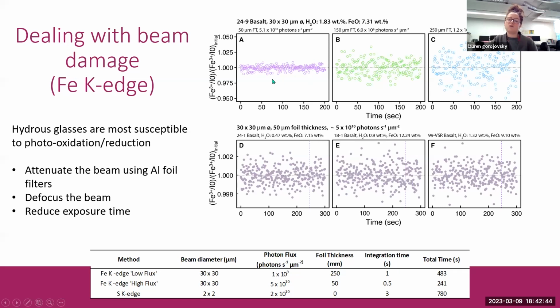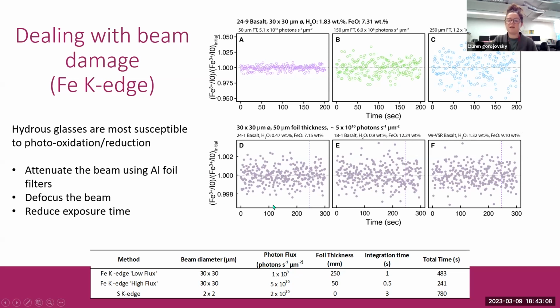We expect that you could reduce or oxidize, so we would see a little wiggle or change in the relative intensity of the iron 3+. As you can see here, with 3 different types of photon fluxes, we don't actually see any significant change or out of error variation to the oxidation of these samples.